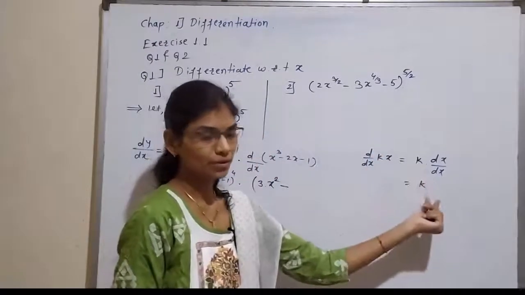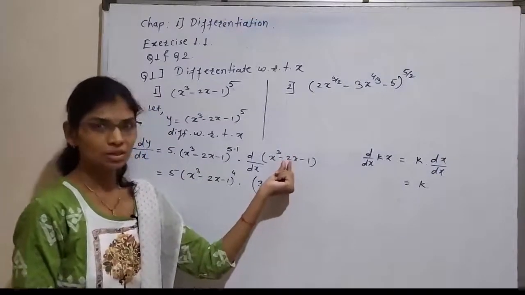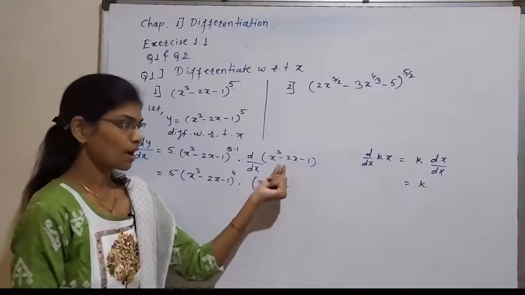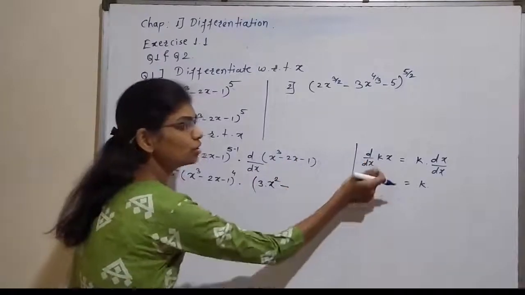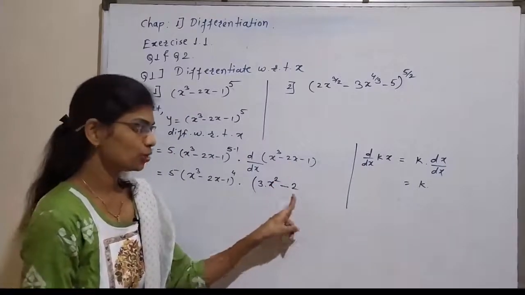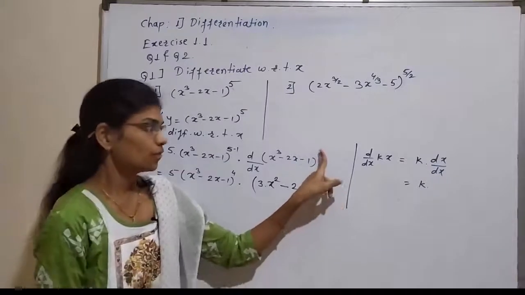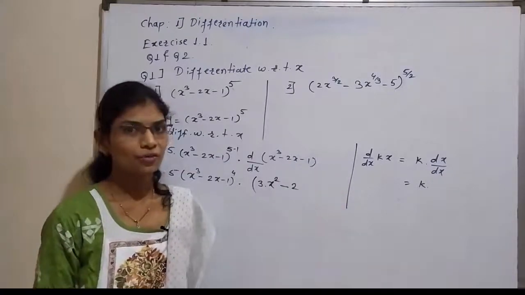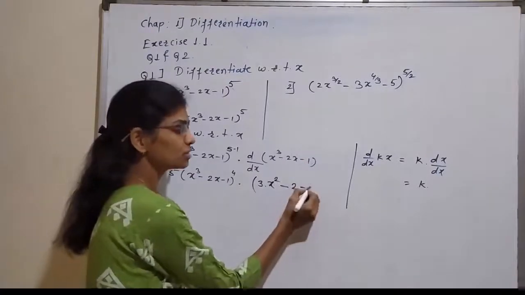Here also the constant term is 2. Minus, as it is, the derivative of 2x is 2, minus derivative of any constant term. We already learned that the derivative of constant term is 0. Therefore, derivative of 1 is 0.